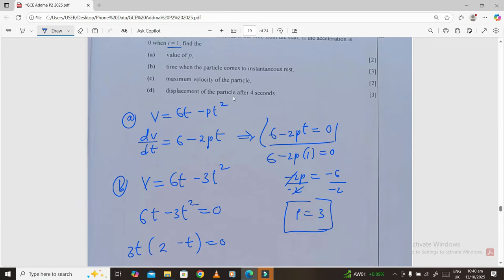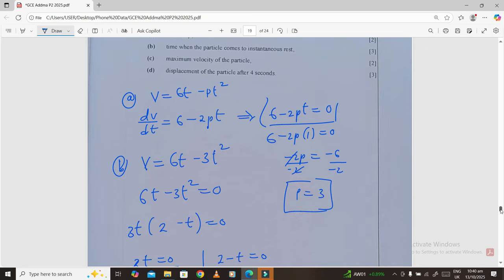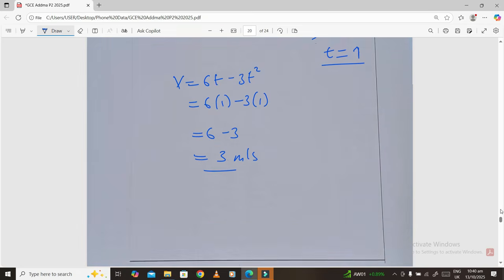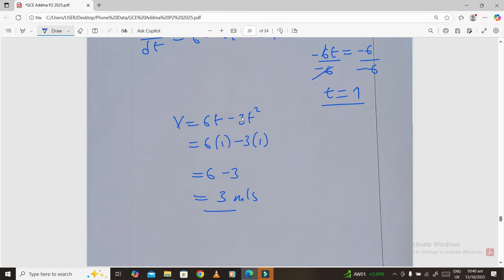They are saying the displacement of the particle at 4 seconds. So for the displacement of the particle, we'll get the original velocity here. Okay, so this is D. We just integrate it.